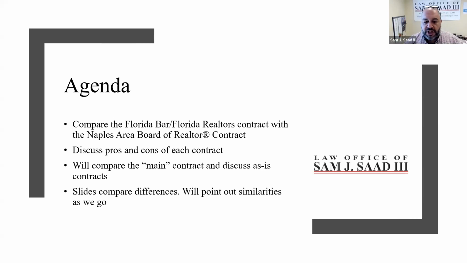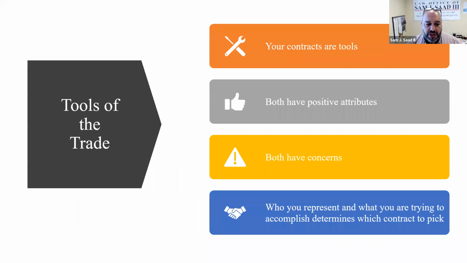Before we dive into the contract itself, one thing I want you to recognize is that these contracts are your tools of the trade, as we like to say. They're tools for you to use to get the deal closed, so you can get a commission, so you can get a closing, so your customer can get a new house, so your seller can sell and move on. They both have positive attributes. They both have some concerns.